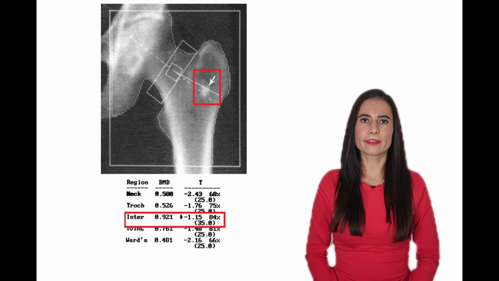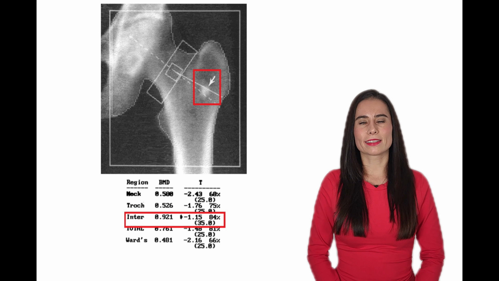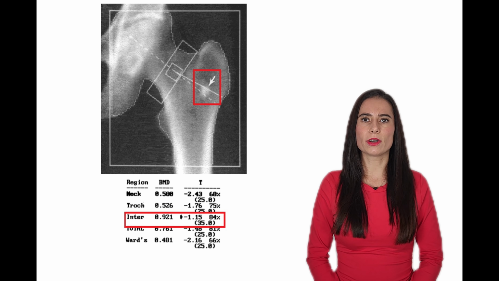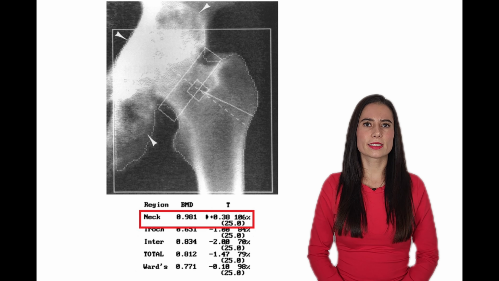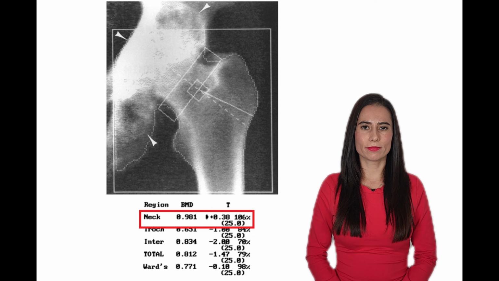Sclerosis of certain areas of the hip can lead to falsely elevated bone density. Here is an image of a patient with sclerosis of the intertrochanteric region as a result of a benign bone tumor. Paget's disease of both the spine and hip can result in falsely elevated bone density and T-score.